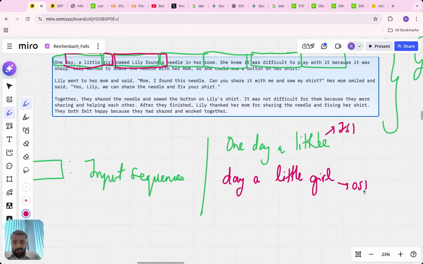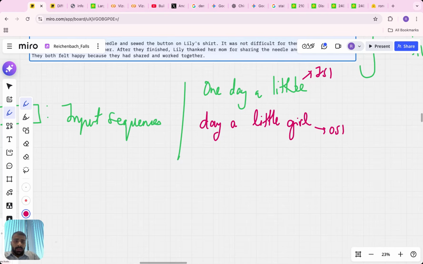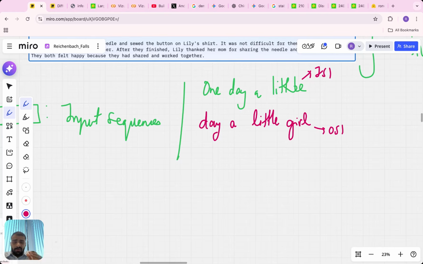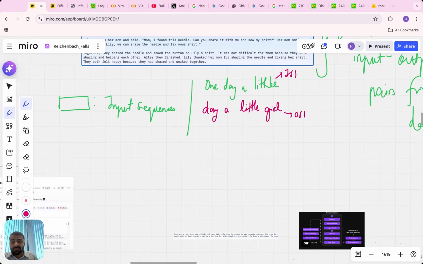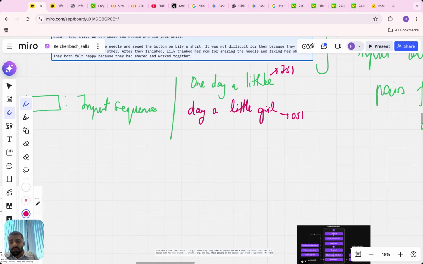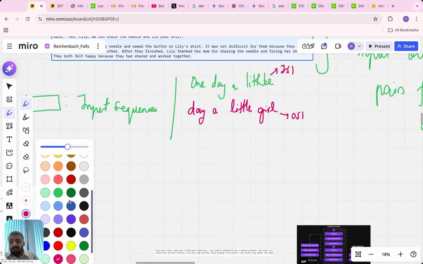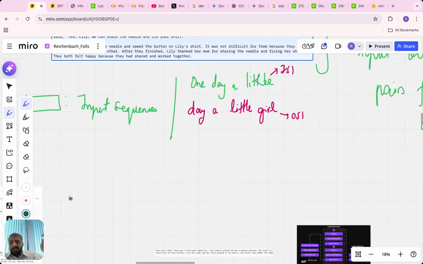Now pay very careful attention here. When we train the model, although this looks like one input sequence and one output sequence, it consists of four input output prediction tasks. What are these four? I want the model to learn that given any token, it has to predict the next token.